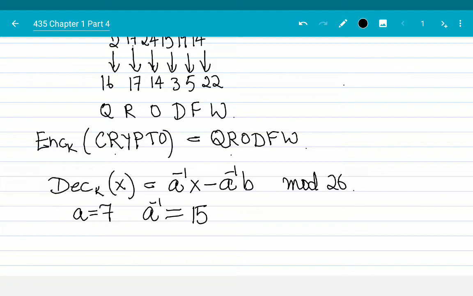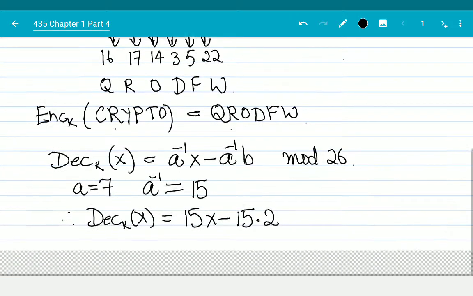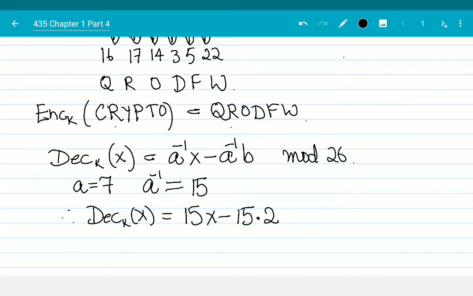And so, therefore, my formula for decryption is 15x minus 15 times 2. Well, 15 times 2 is 30, and minus 30 is minus 4, which is just equal to 15x plus 22 mod 26.